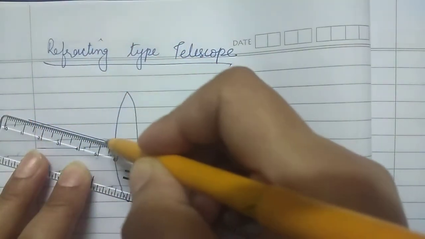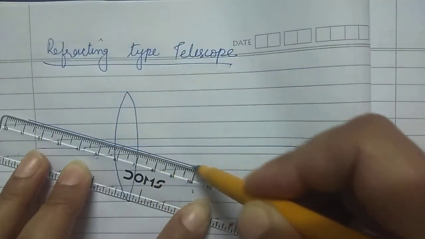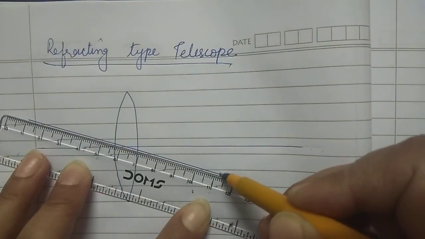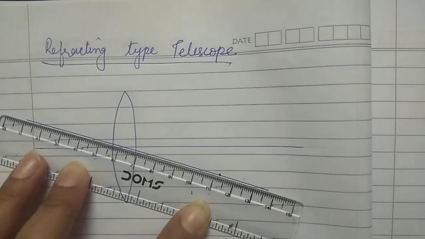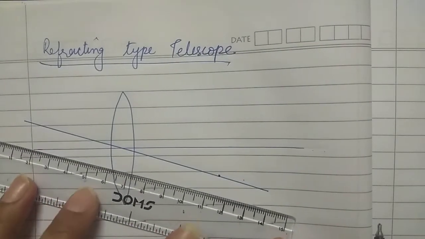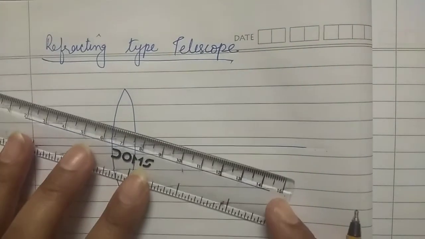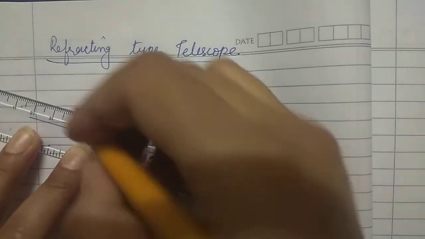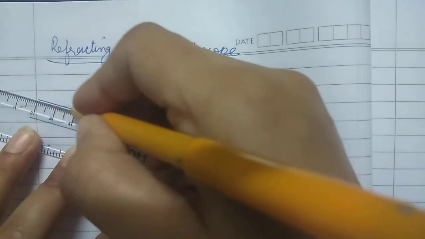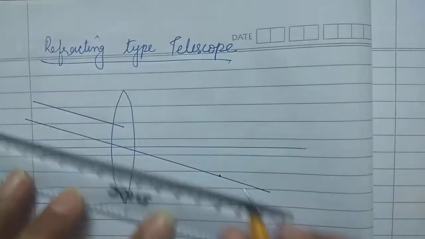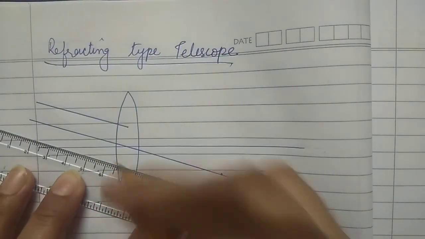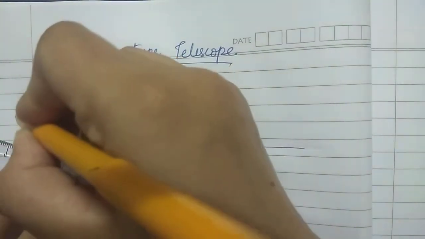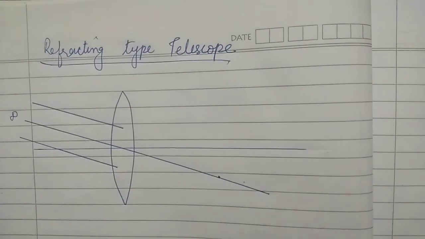This ray is coming from infinity, so you can draw the image here. Now another parallel beam of light would be coming, so let us draw a parallel beam of 3 rays. I have drawn these parallel rays which are coming from infinity, meaning the object is at infinity.